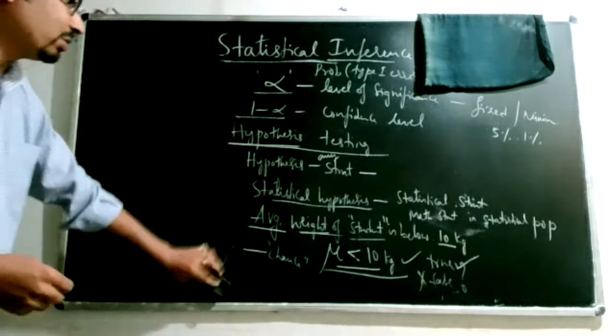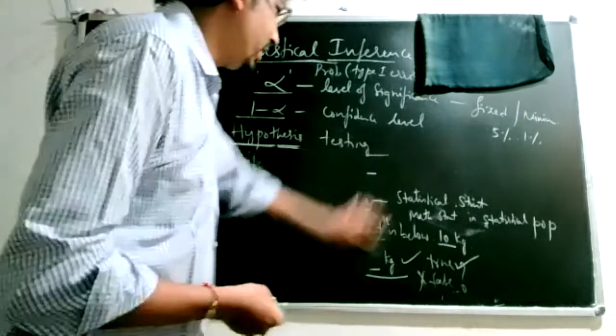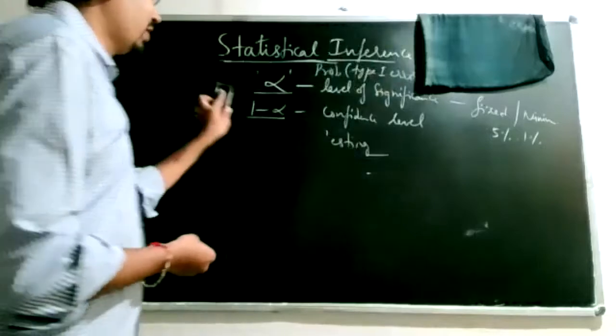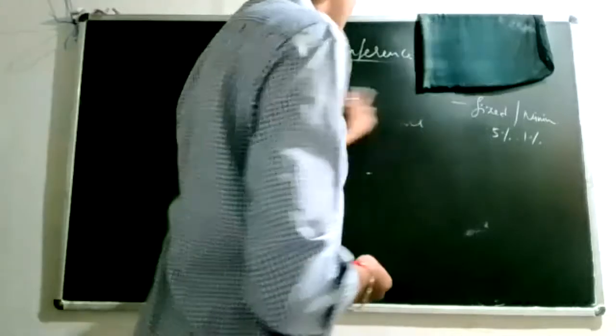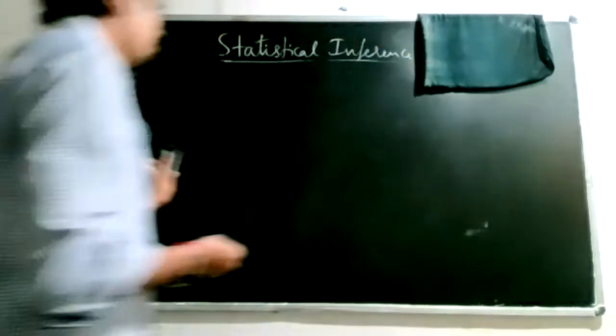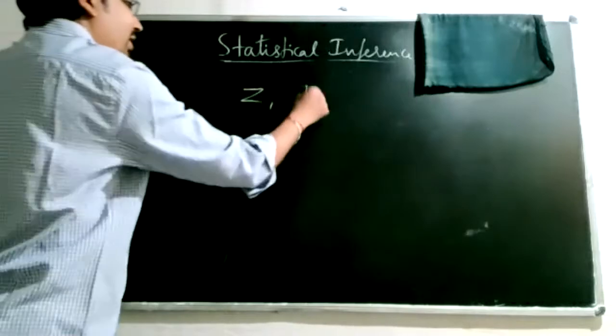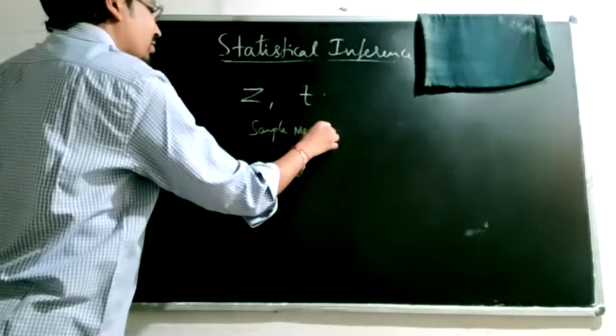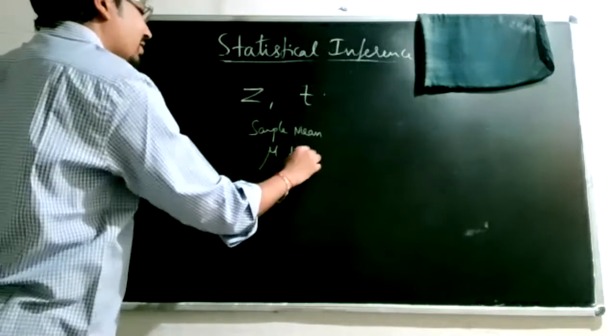Now, various hypotheses could be constructed for your means, proportions, variances, and as known, a particular statistic will follow a particular distribution. So you can use your Z and T distributions if you want to talk about hypothesis testing based on sample mean. So you're actually testing mu.